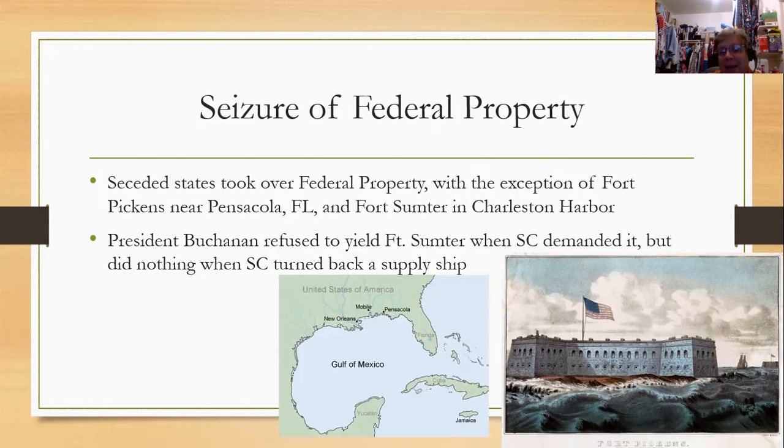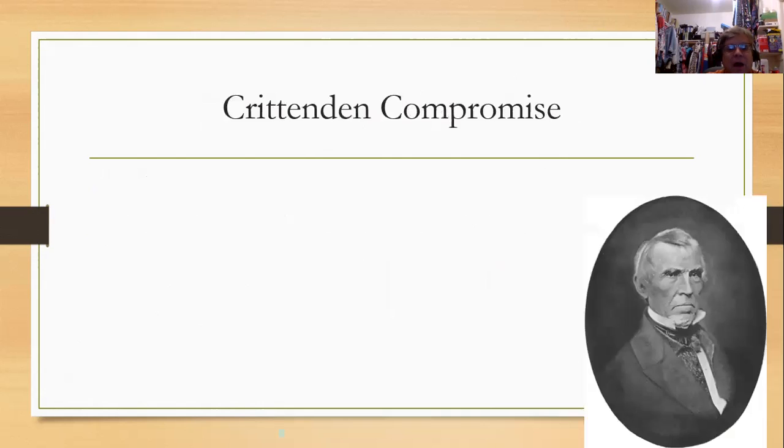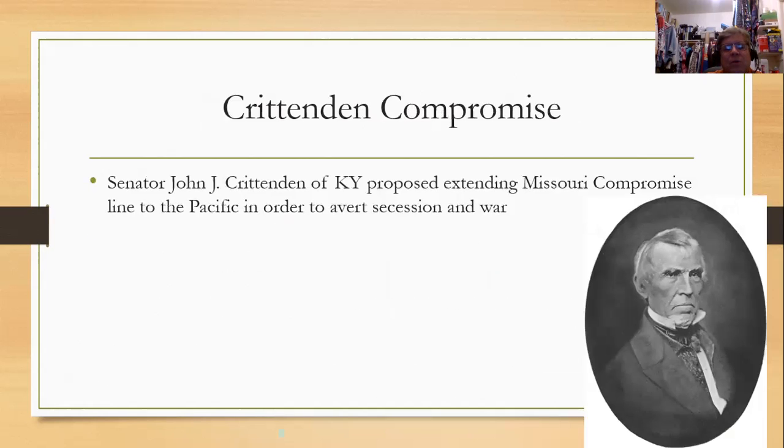He had some backbone, but not enough, because the federal government tried to send supplies to Fort Sumter, and Buchanan did nothing when South Carolina turned back a supply ship. After these states seceded, a senator in Kentucky, a border state, proposed a compromise.